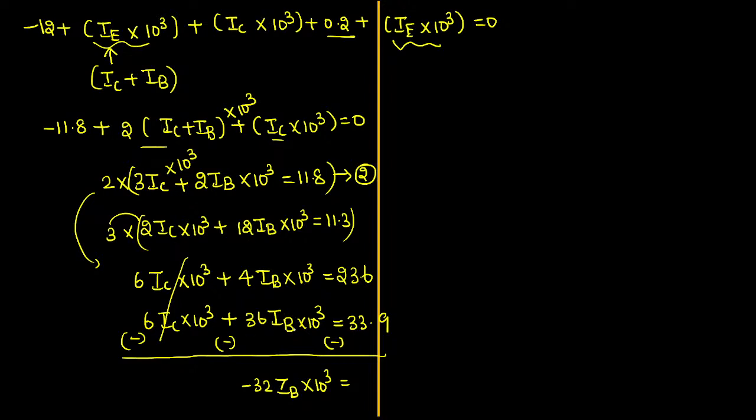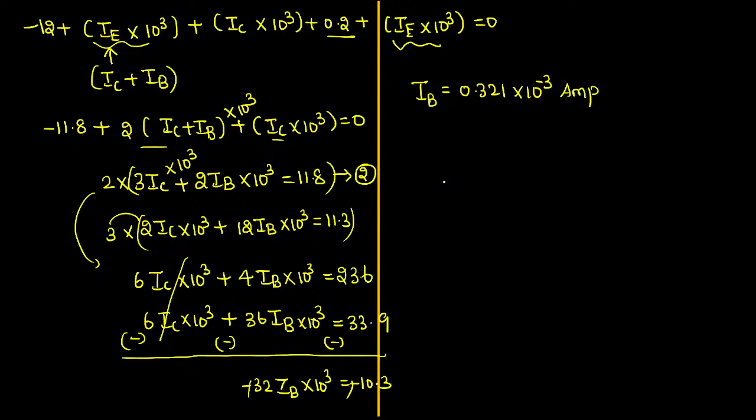If you put that, we will be getting minus 10.3. So minus minus will get cancelled. 10.3 we have to divide by 32, right? So the value of base current IB finally is 0.321 into 10 power minus 3 ampere. So this is the value of base current.